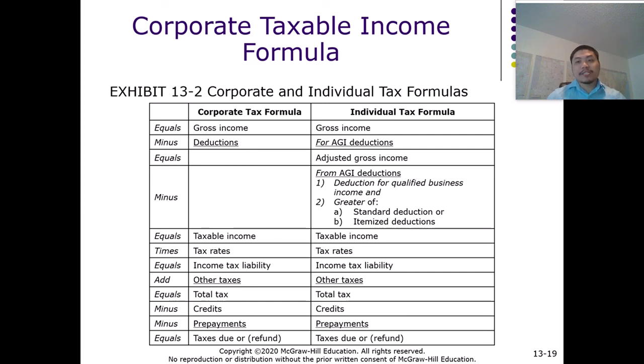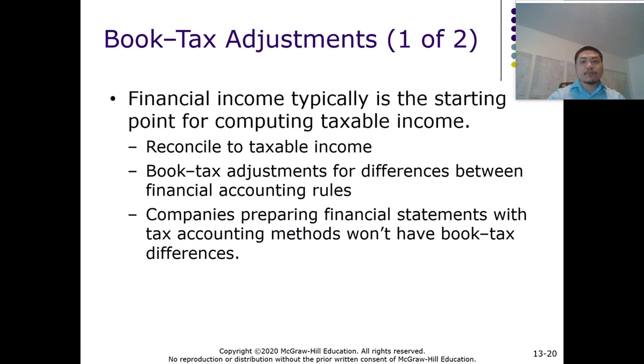Then we have to make some adjustment because the financial income is different from the tax income, since the two systems are very different. That's what we call book tax differences: the differences between book, which is financial reporting accounting, and tax accounting.